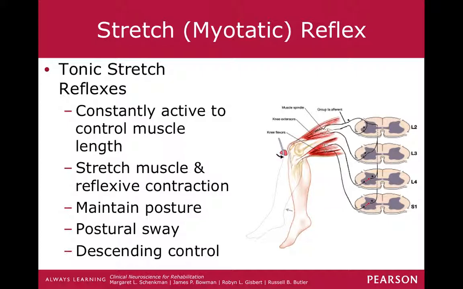Maintain posture by regulating postural sway. Too much sway overstretches the muscles that reflexly contract to bring you back into alignment, and even providing the circuitry to allow descending activation of one muscle and the inhibition of its antagonist.